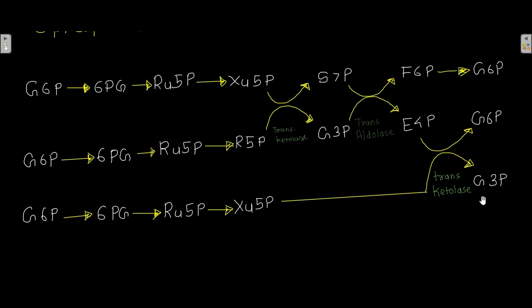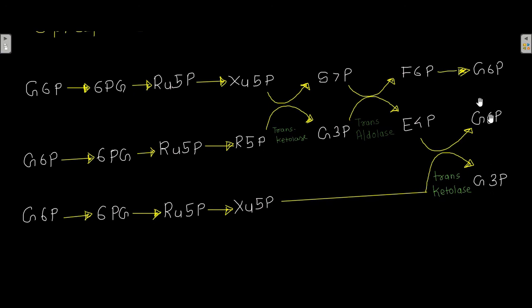As you can see, this is a 5-carbon sugar and this is a 4-carbon sugar, in total 9 carbons. So these 9 carbons combine to give you a 6-carbon sugar and a 3-carbon sugar, 6 plus 3 again 9.